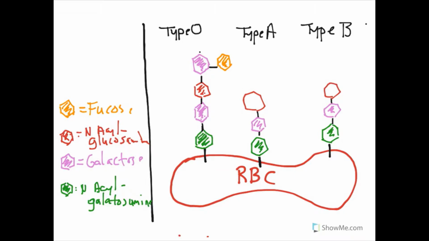Let me erase that one there, make that a little neater. Sometimes I find it hard to draw with this stylus. There we go. And then we're going to add our galactose and fucose.